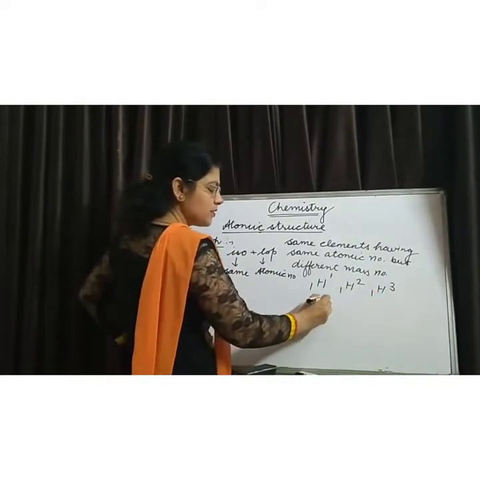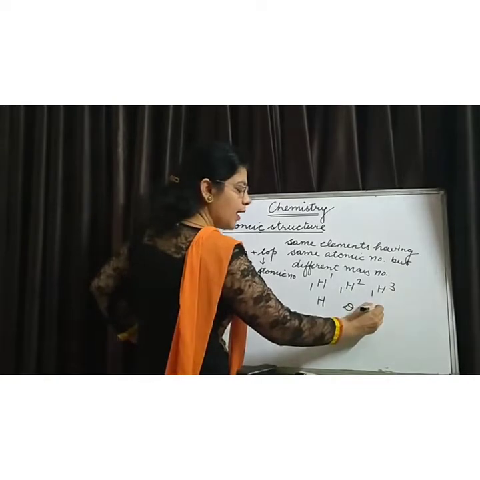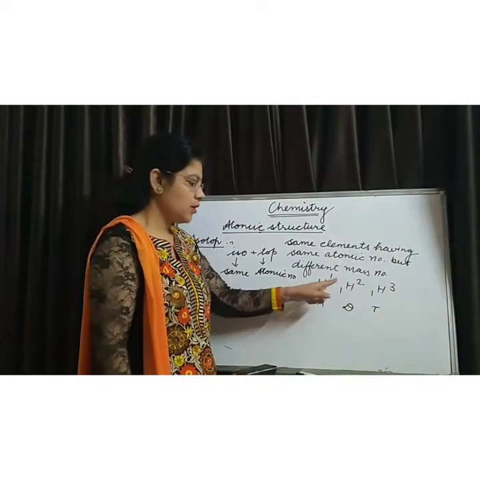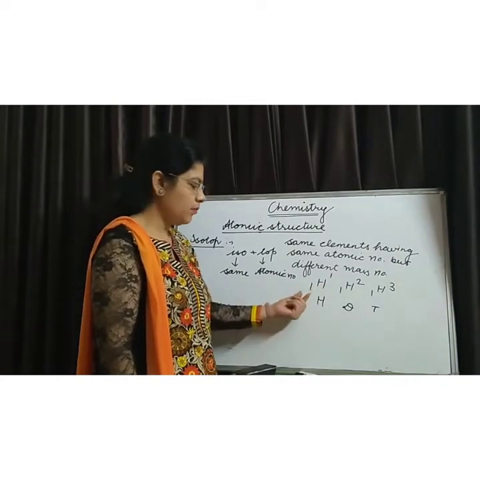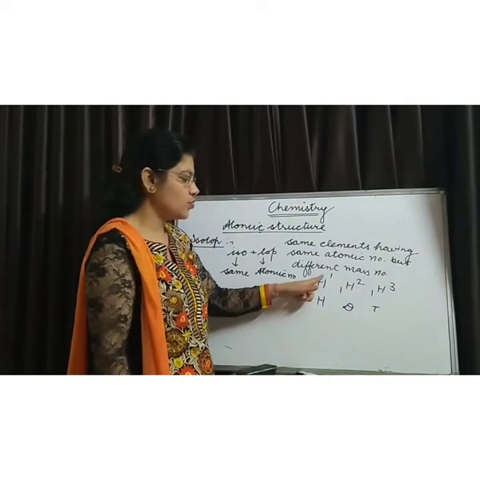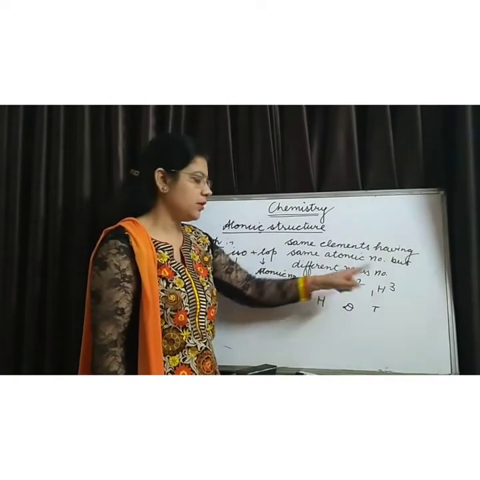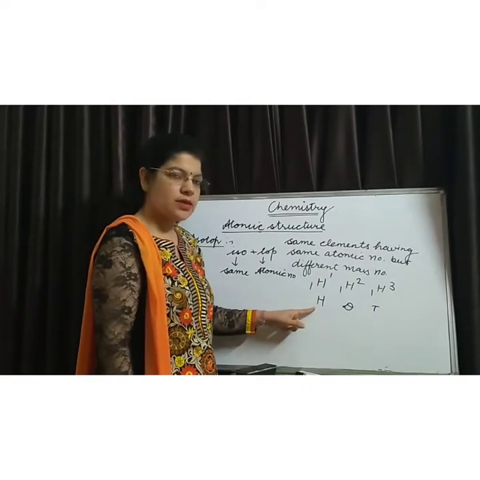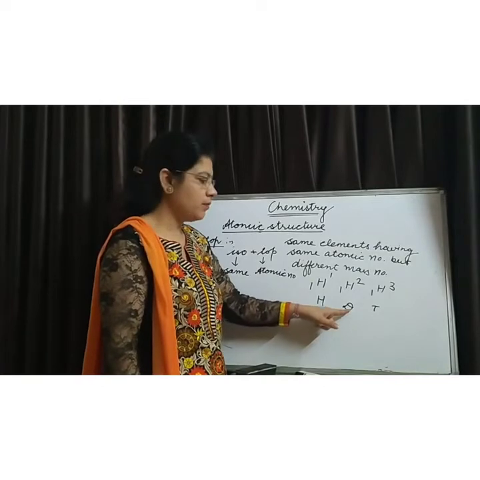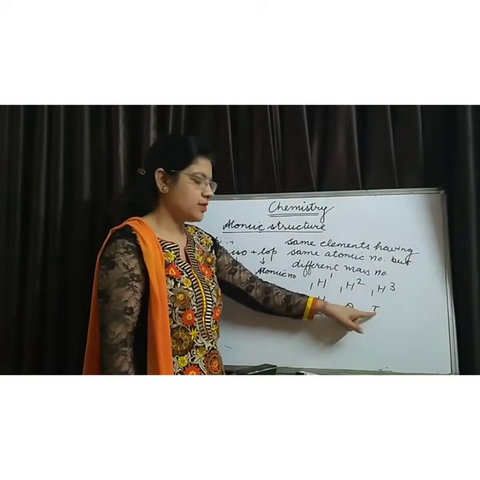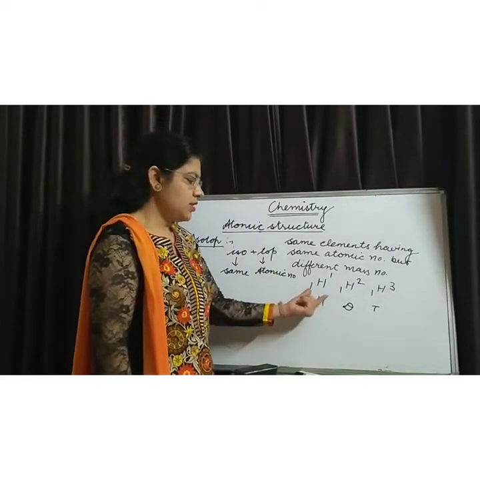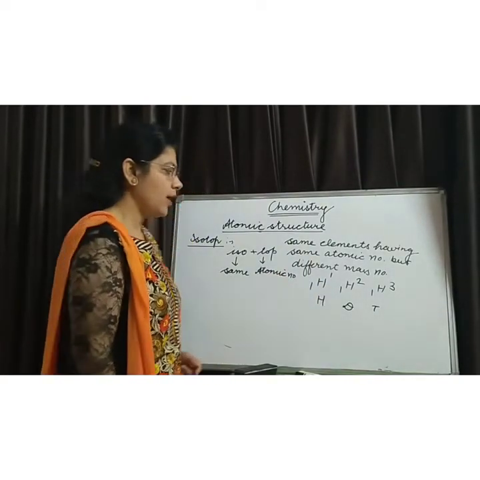They can also be represented as H, D and T. In all these 3 isotopes, the atomic number is the same, 1, 1, 1, and the mass number is different, that is 1, 2 and 3. This isotope is known as protium, 1H2 is known as deuterium and 1H3 is known as tritium. These three are the isotopes of hydrogen.